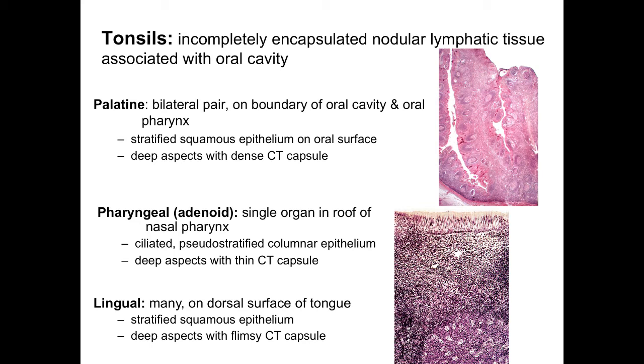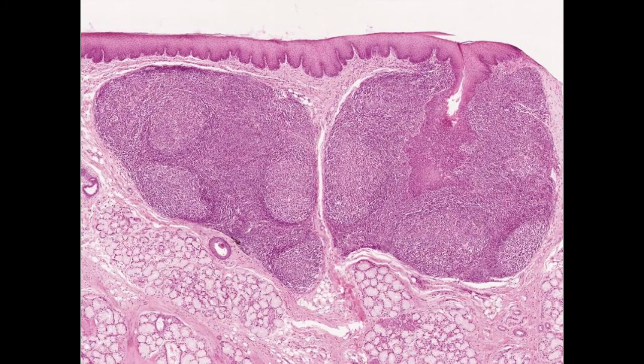They also have a stratified squamous epithelium on one surface, with the deeper surface showing a relatively flimsy connective tissue capsule. So this is a view of lingual tonsil. Look at the nice stratified squamous epithelium, the tonsil itself, the relatively flimsy connective tissue capsule on the other surfaces. Look at all the lymph nodules here, and these nodules even show germinal centers.